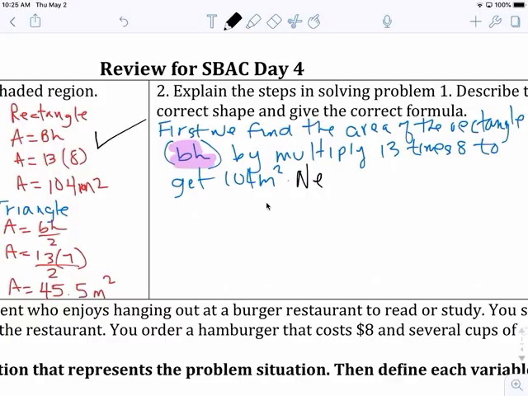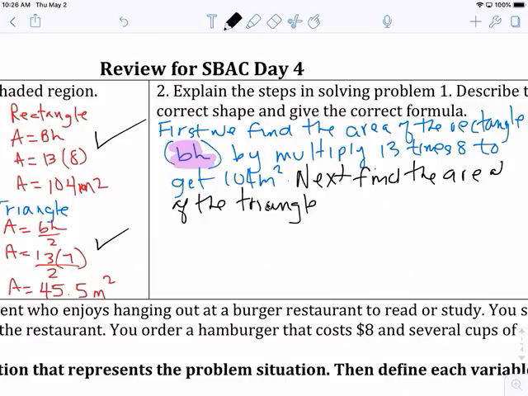So we explained the rectangle, right? The next is the triangle. Next, find the area of the triangle. Wait, you don't have to do base times height? No, because there's no missing sides. We have all the numbers we need.